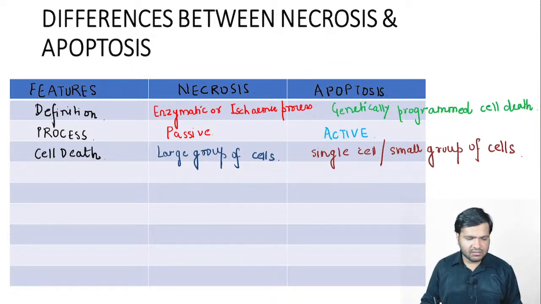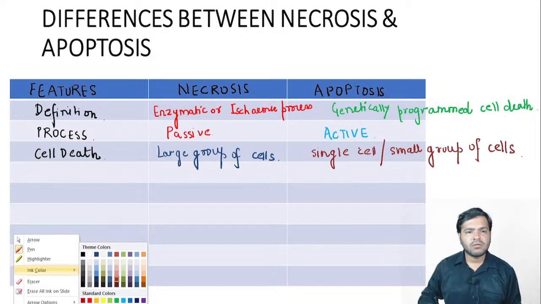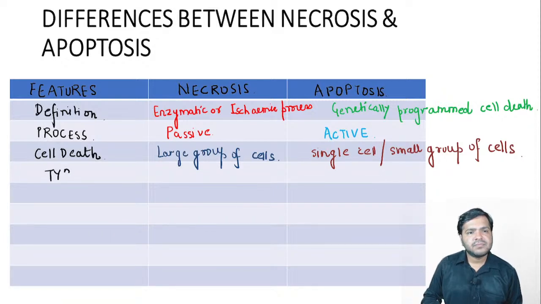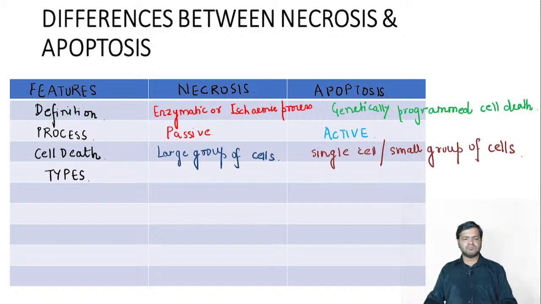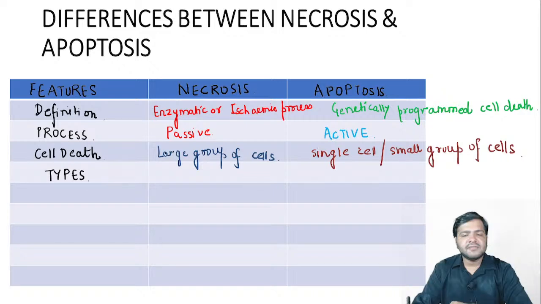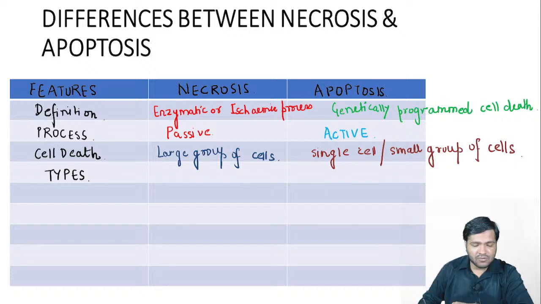Coming on to the types. We have only one type of necrosis, that is always pathological.